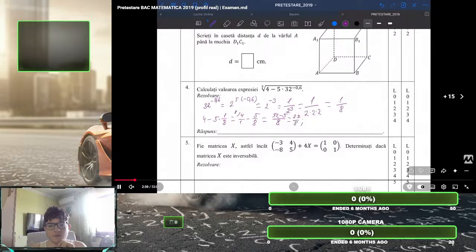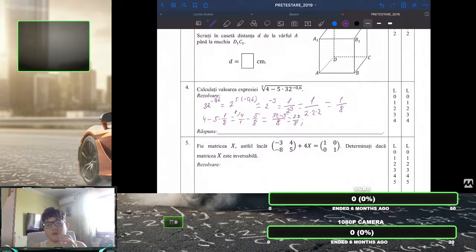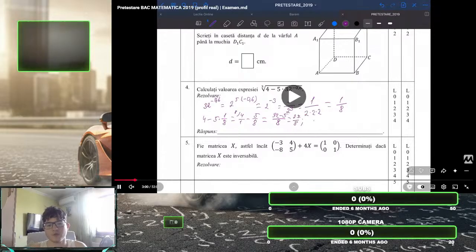And after you got that, you just have to understand for each term which number at the power of 3 gives you that term, because we got square root of order 3, so 27 is 3 to the power of 3, and 8 is 2 to the power of 3, so when we remove the root, it's going to be just 3 divided by 2. That's the response.